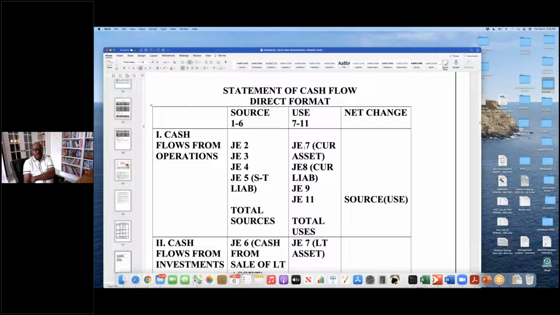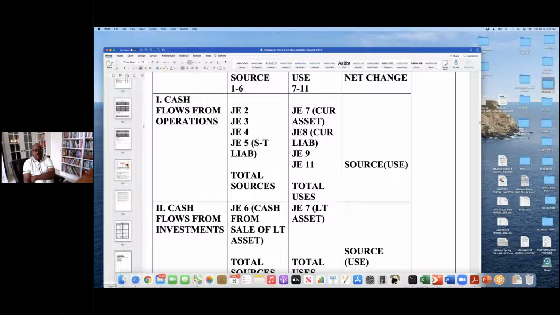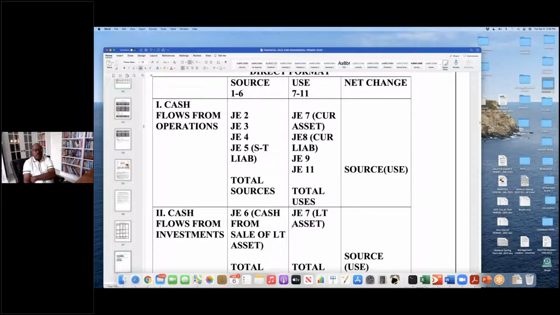If it's a 7, purchase of a current asset, 8, current liability, journal entry 9, journal entry 11, they're going to be in operations. Cash and sale of a long-term asset, that's going to be 6, in part 2. Purchase of a long-term asset is going to be a type 7, but it's also in part 2.